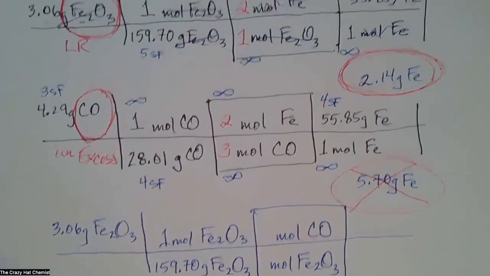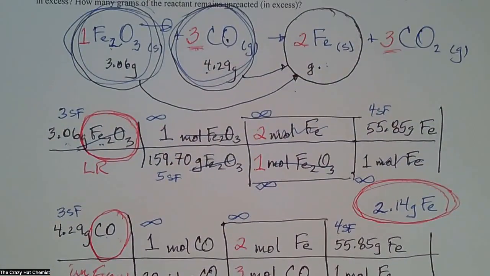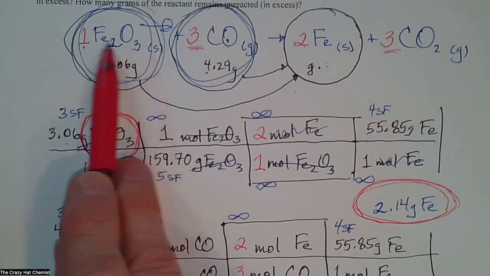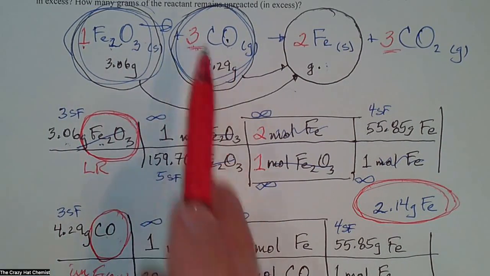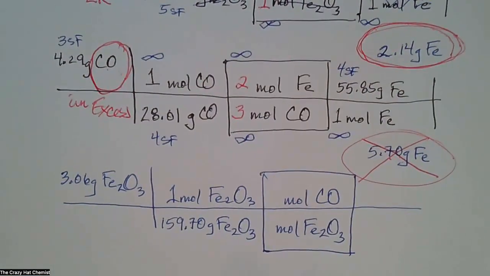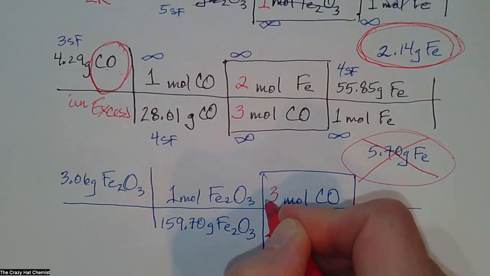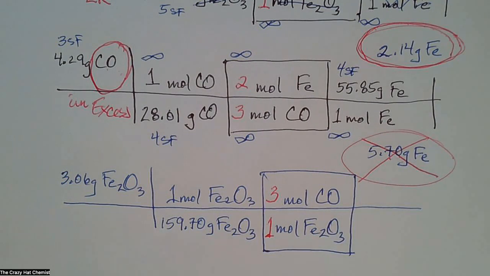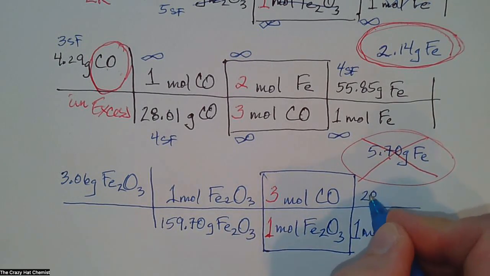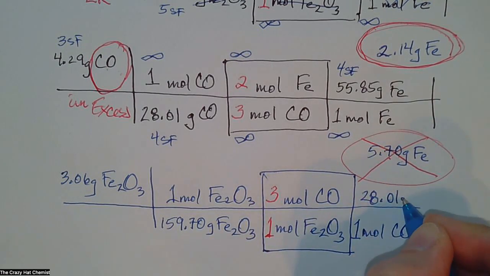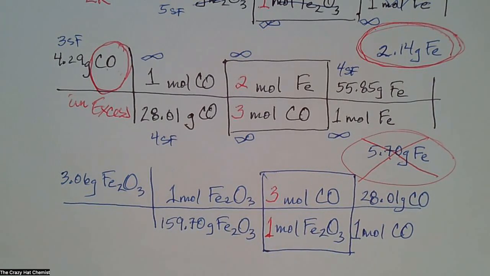Now I'm going to look at my balanced equation and find the 1 in front of the ferric oxide and the 3 in front of the carbon monoxide and place those numbers where they belong here. Then moles of carbon monoxide, and that will be 1. And then the molar mass for carbon monoxide, which we've already calculated, is 28.01 grams of carbon monoxide.